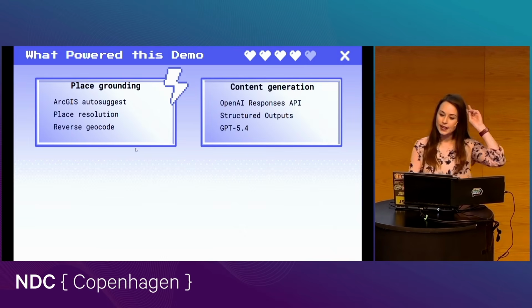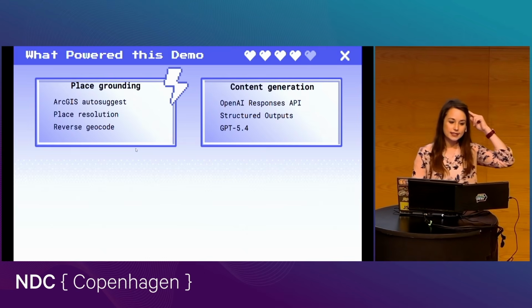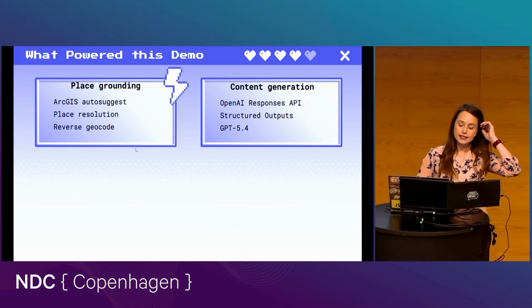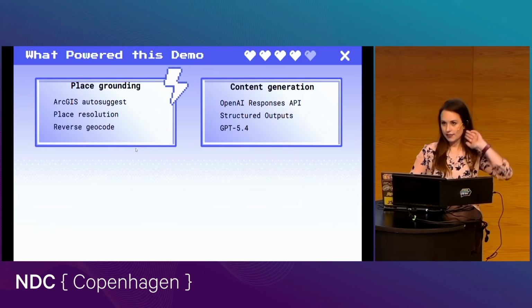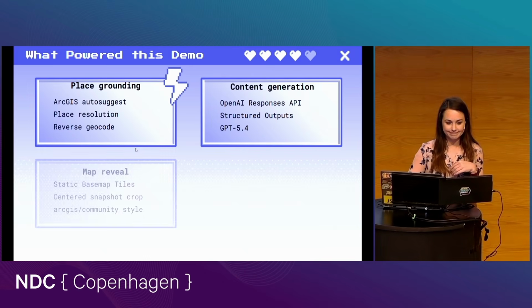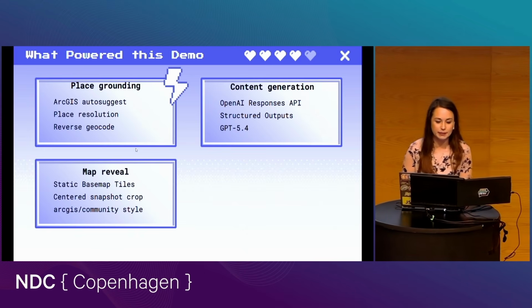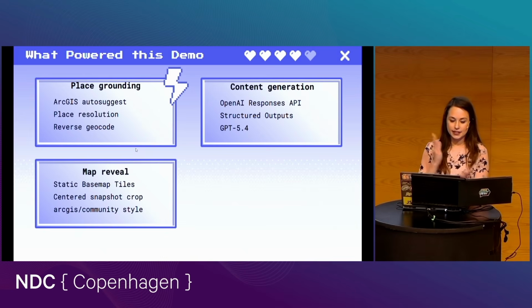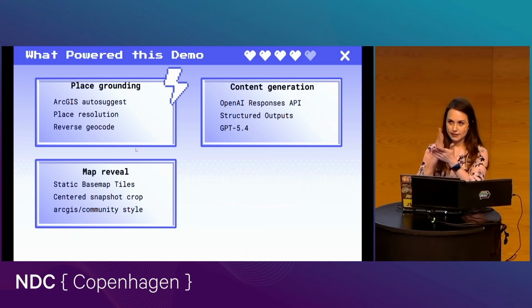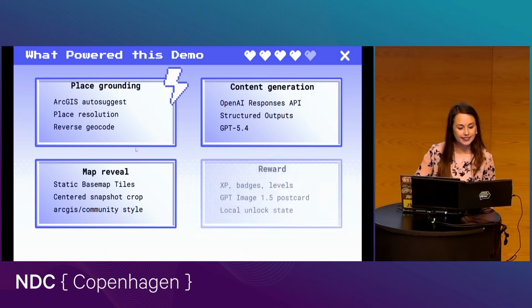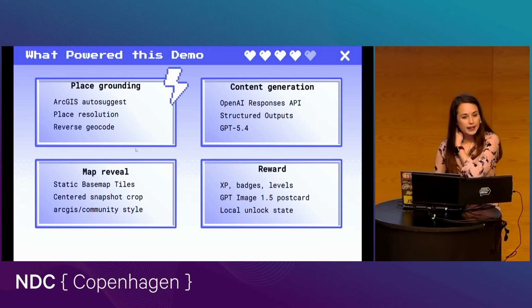The second thing was the OpenAI Responses API, and in that case, this gave us that structured output. And for the third thing, we have the fun little map that we had there. That is a static base map tile, and it's centered directly on the specific latitude and longitude location. And then for reward, we had several different things.